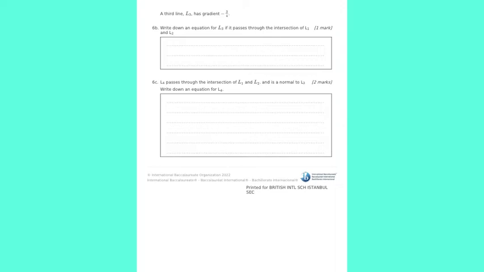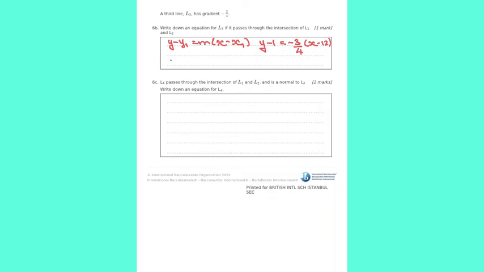6b, write down an equation for L3 if it passes through the intersection of L1 and L2. Well, we know the gradient is minus 3 over 4, and we know that the intersection point is (12, 1). Therefore, we can use y minus y1 equals m(x minus x1), giving us y minus 1 equals minus 3 over 4 (x minus 12).